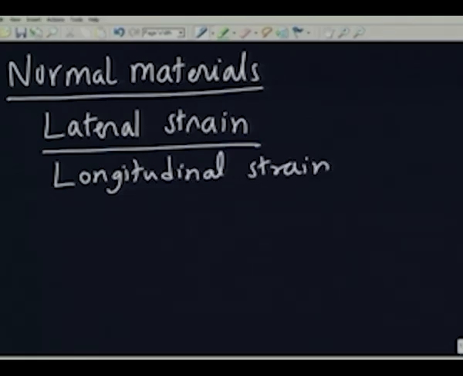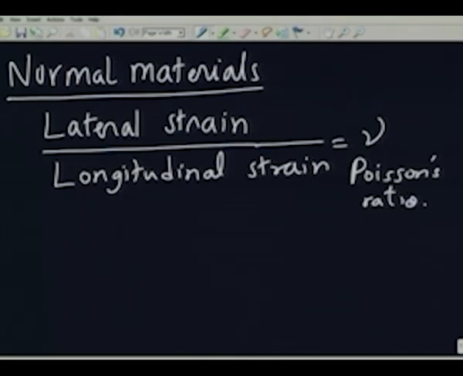This ratio we call the Poisson ratio, Poisson's ratio. This particular value of nu is anywhere between 0 and 0.5 for most materials. There are exceptions, as I said earlier. There are materials for which it may not be in this range, but we are not interested in such materials in most cases.